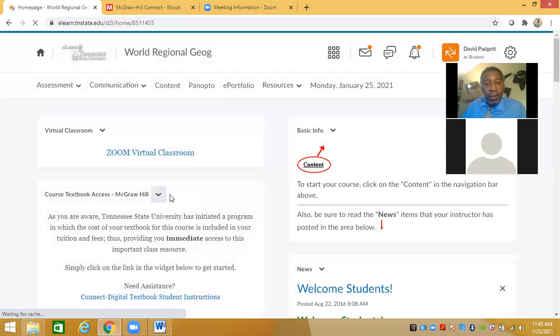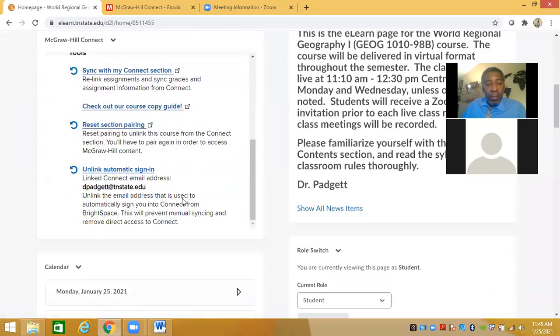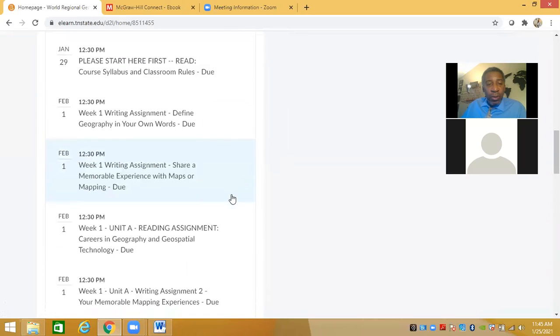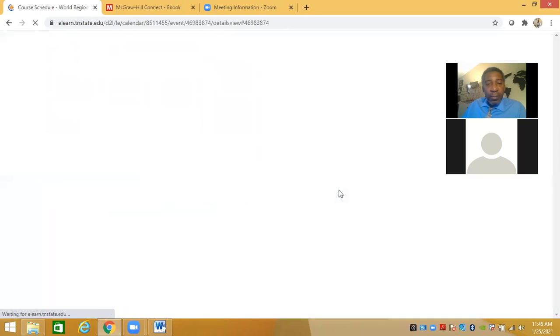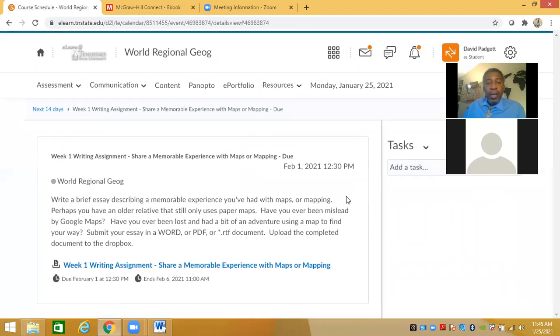Your second writing assignment is another pretty straightforward, simple assignment. In this case, you'll write a brief essay. An essay is a couple of paragraphs. The first one, you're asked to write a few sentences. This one is a few paragraphs where you will give a first-person account of a memorable experience you've had with maps or mapping.